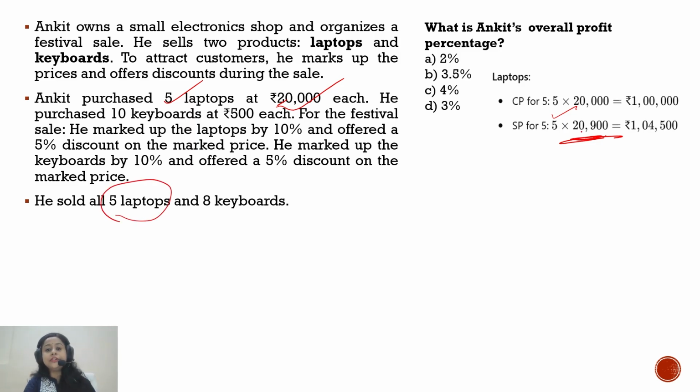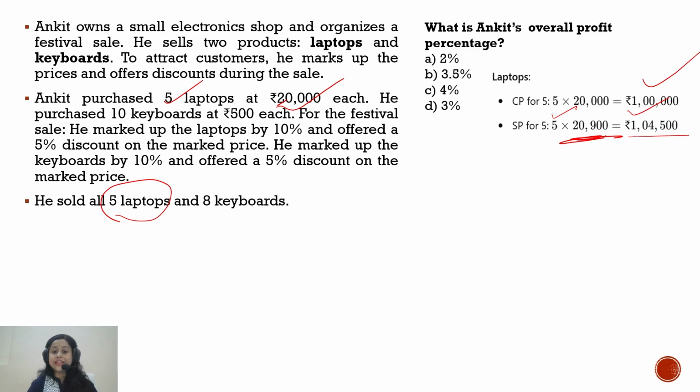So that is 1,04,500, the total selling price of 5 laptops. So the cost price for total 5 laptops is 1 lakh, and the selling price for total 5 laptops is 1,04,500.